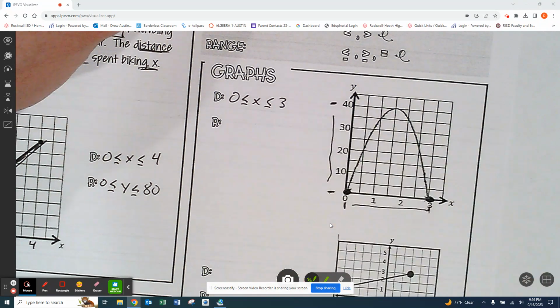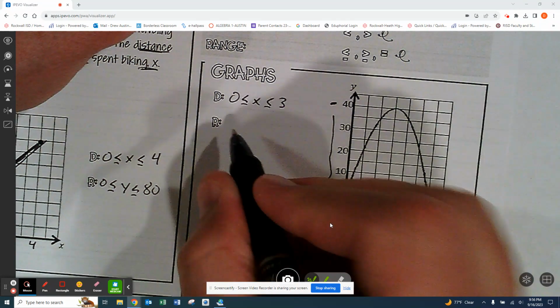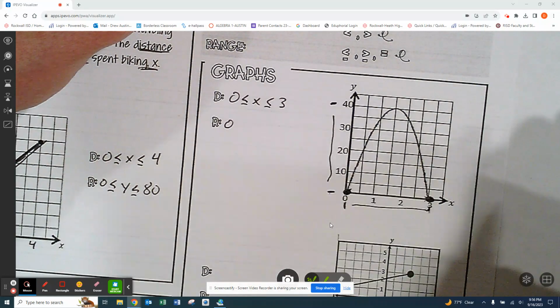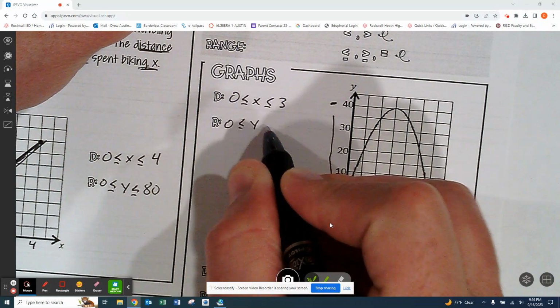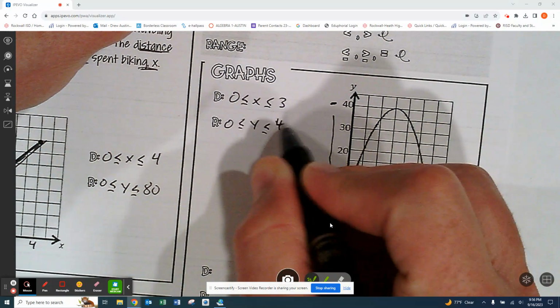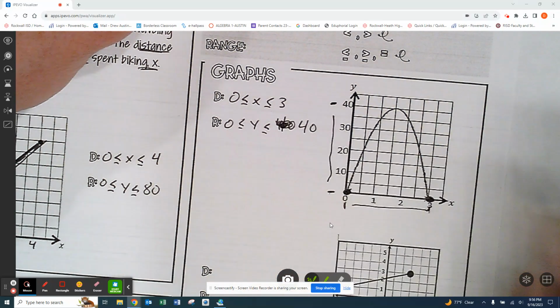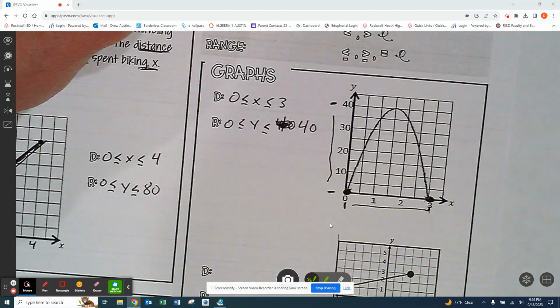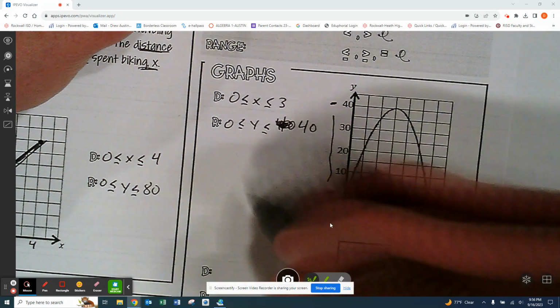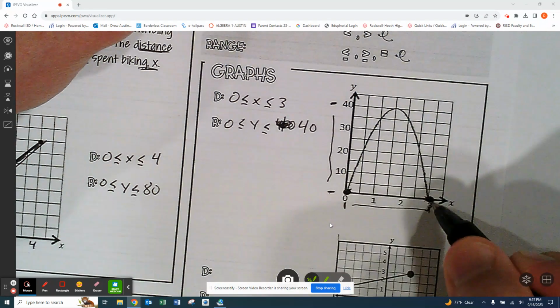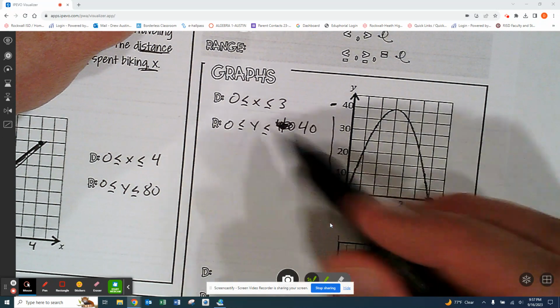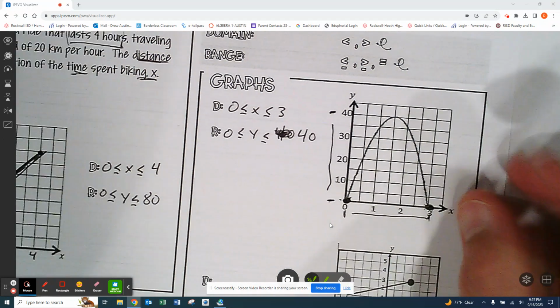It includes everything in there. So my range starts at 0, is less than equal to y, is less than equal to 40. I started writing y there again, I'm sorry about that. And that's it. Because these have stopping points here, that's it for my inequalities. They're done.